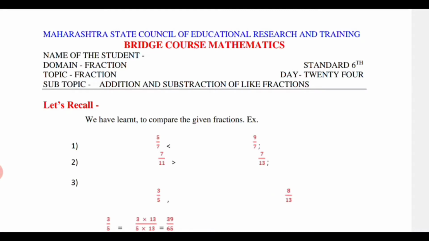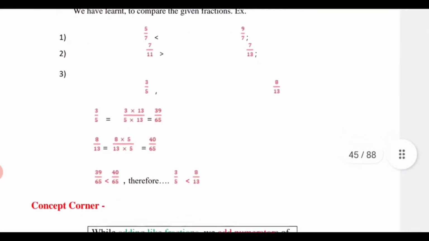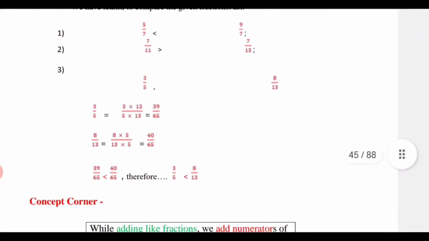In 7 upon 11 and 7 upon 13, the numerator is 7, but the denominators are 11 and 13. So 11 is smaller than 13, and that's why the fraction 7 upon 11 is greater than the fraction 7 upon 13.